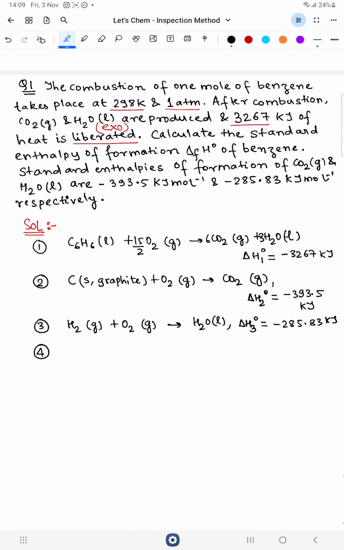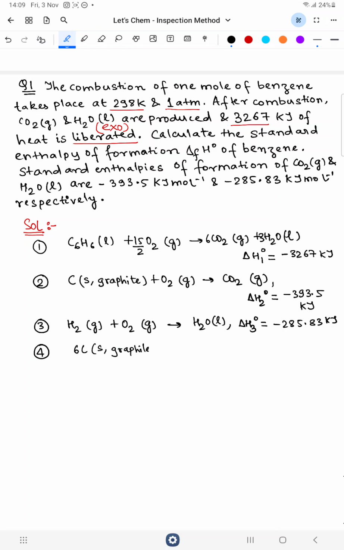So what are they asking us to find? The standard enthalpy of formation of benzene. So I hope you are aware that benzene is made up of carbon and hydrogen. The standard enthalpy of formation of any substance is from its constituent elements. So 6 carbon solid graphite.